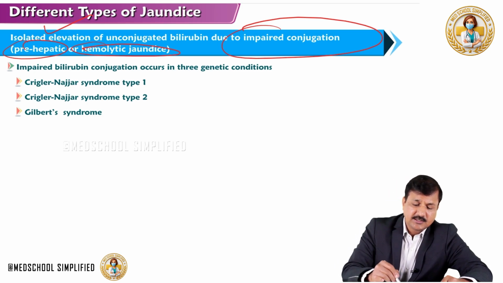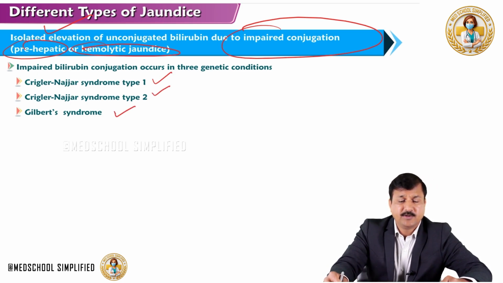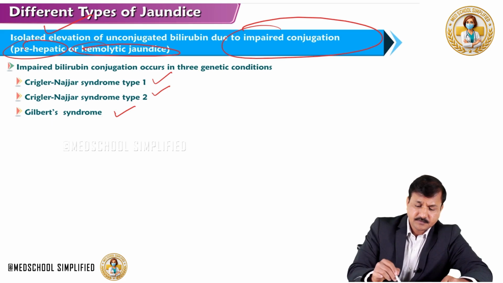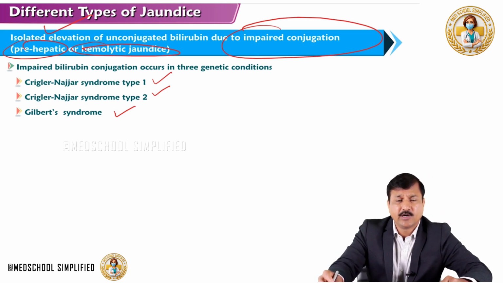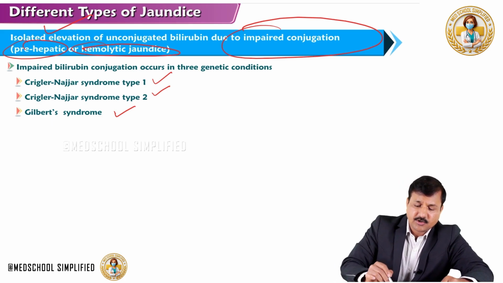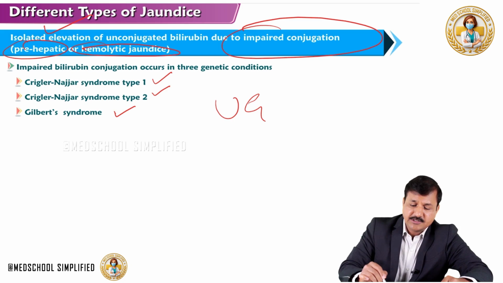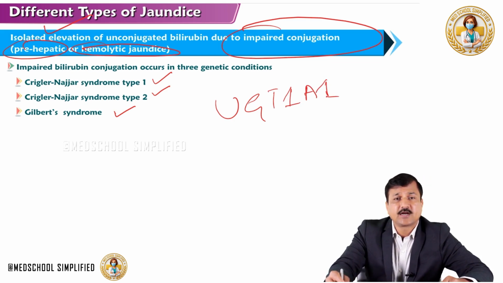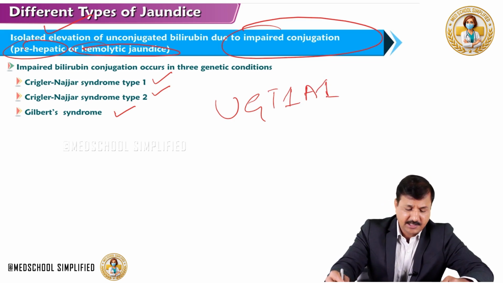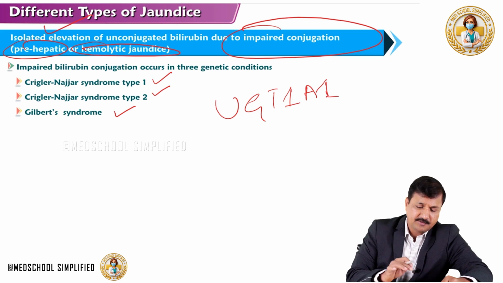There are 3 genetic conditions that lead to impaired conjugation of bilirubin in the liver: Crigler-Najjar syndrome type 1, Crigler-Najjar syndrome type 2, and Gilbert syndrome. All of them are related to UGT1A1 enzyme, that is UDP glucuronosyl transferase 1A1 enzyme expression. Let's look into each one of these diseases.